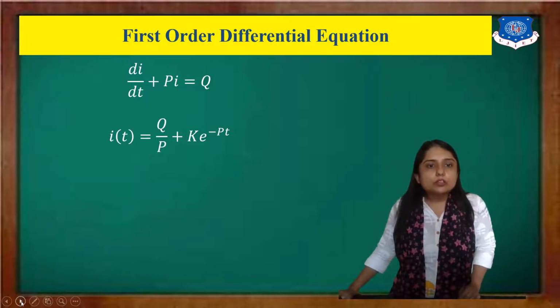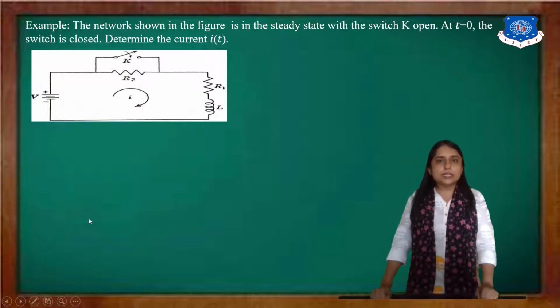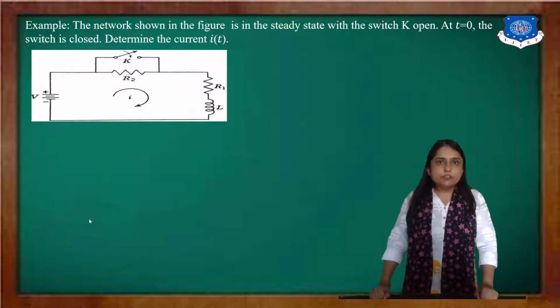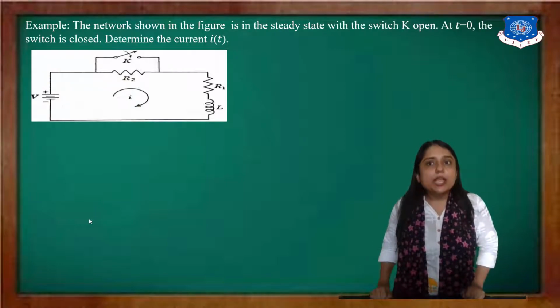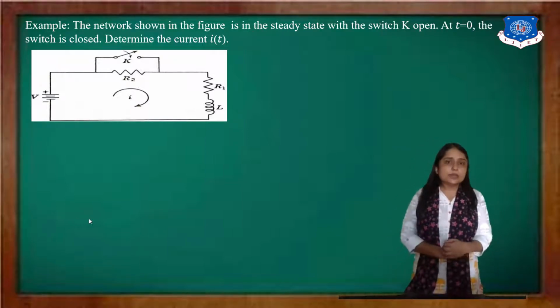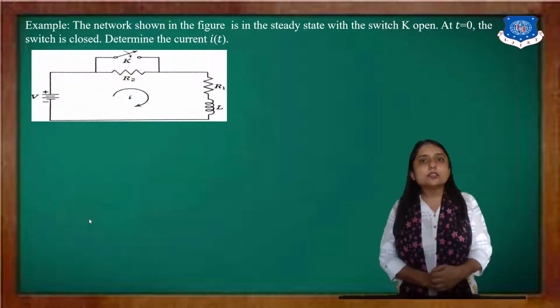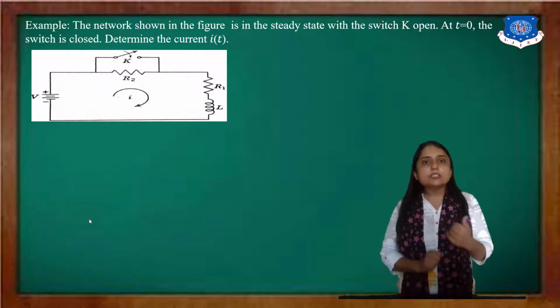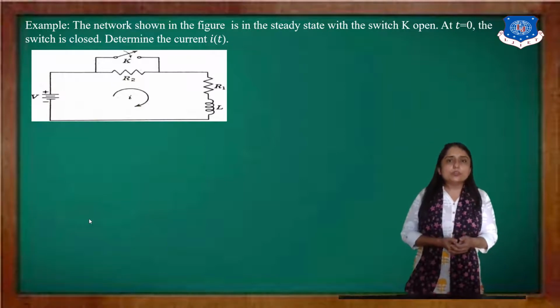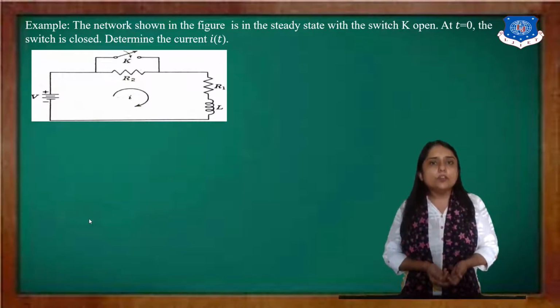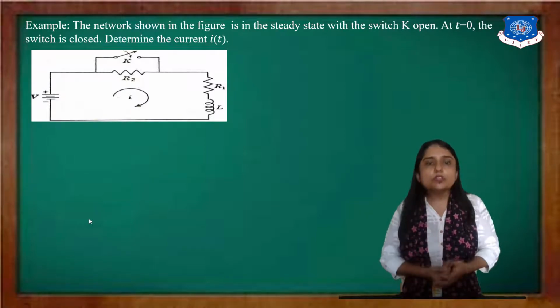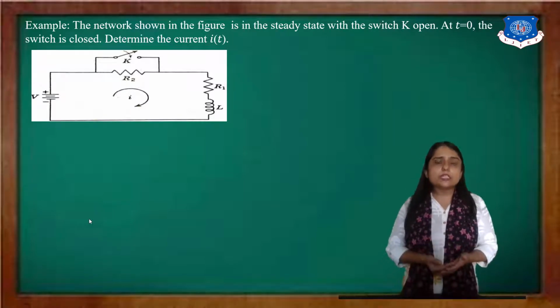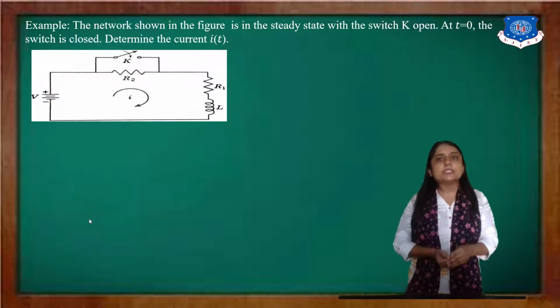Based on that, we will discuss one example: the network given in the figure is in steady state with switch K open. At t equal to 0, the switch is closed, and then determine the current i of t. If you remember, when we discussed the Laplace analysis technique, we discussed this kind of example, where we also find i of t or v of t. So this example you can also solve with the help of the Laplace technique.